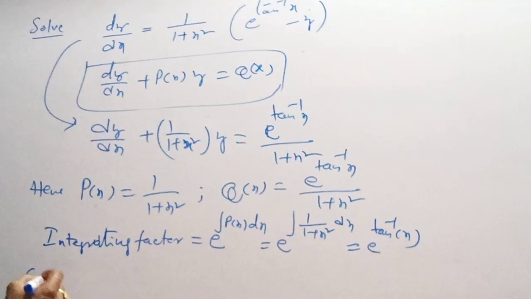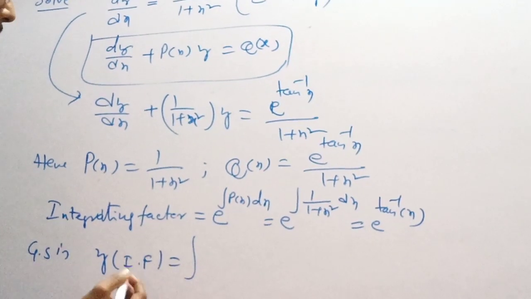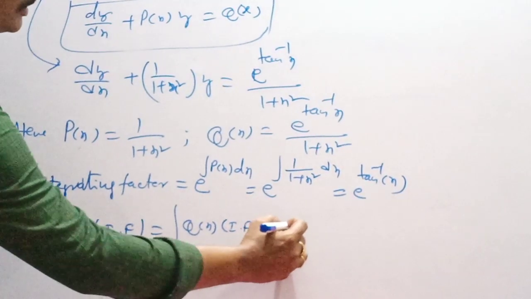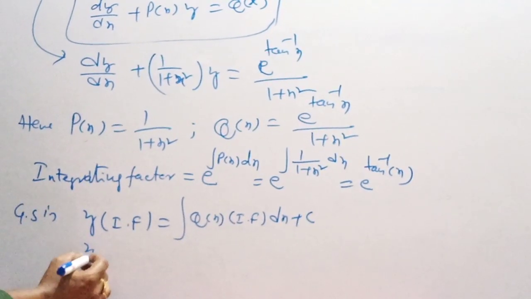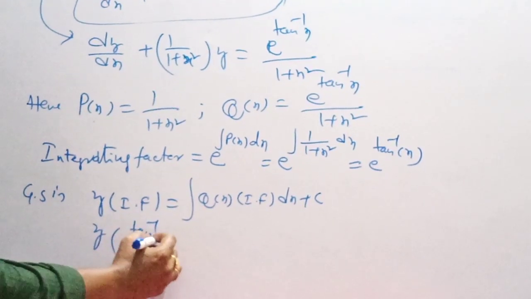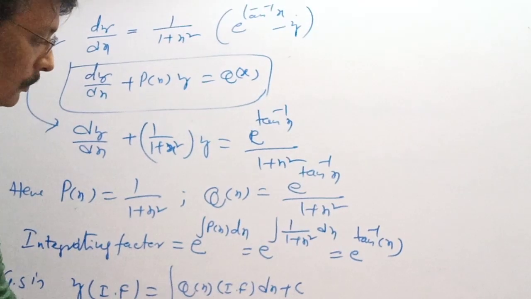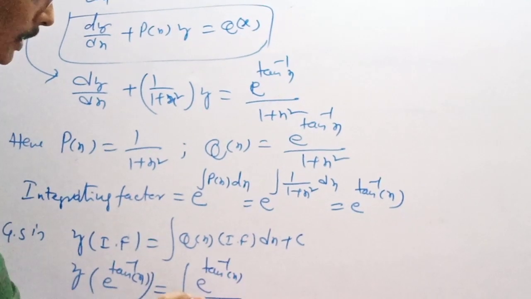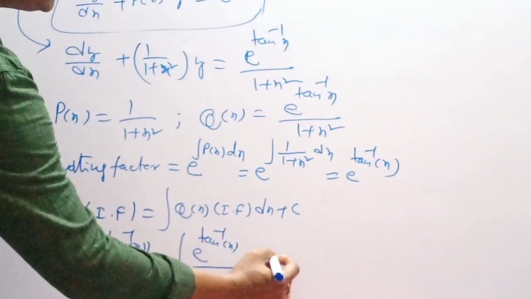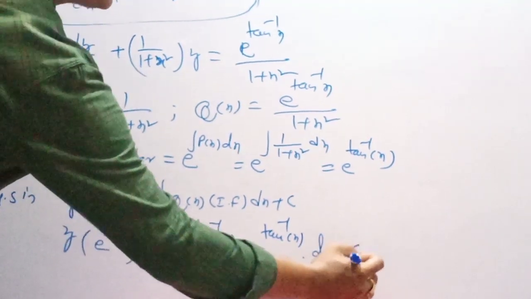We know the general solution is y times the integrating factor equal to the integral of Q(x) times the integrating factor dx plus c. So y times e^(tan⁻¹x) equals the integral of e^(tan⁻¹x)/(1+x²) times e^(tan⁻¹x) dx plus constant c.